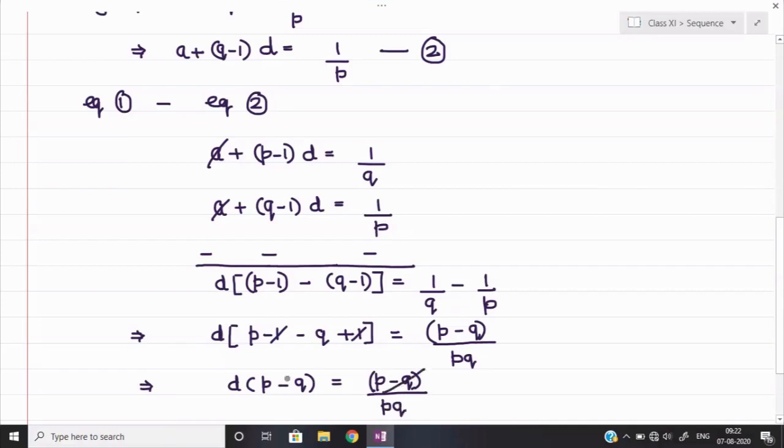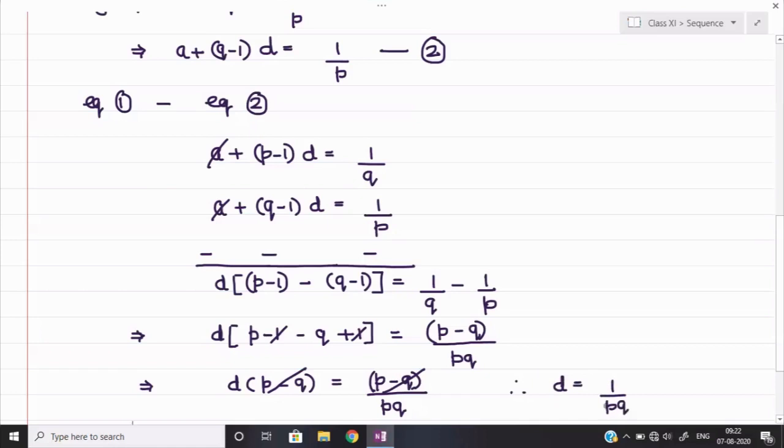Now p minus q and p minus q, that is also cancelled because both are in multiplication, or you can say they lie on either side of the equation. So the same term will always be cancelled. So here what will remain? Now it will remain d is equal to 1 upon pq. This is your first value we required.